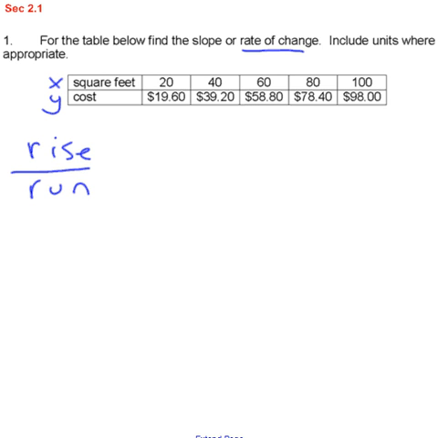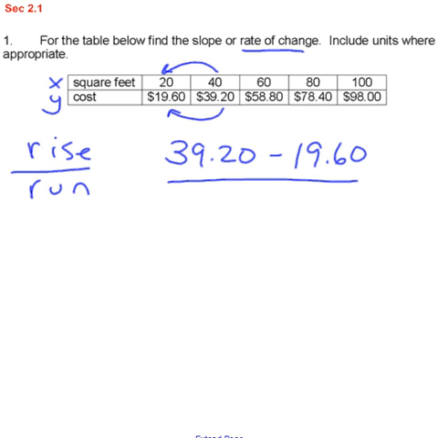So the way we're going to find the change in y is we're going to do 39.20 minus 19.60. And then to find the change in x, we're going to do 40 minus 20.